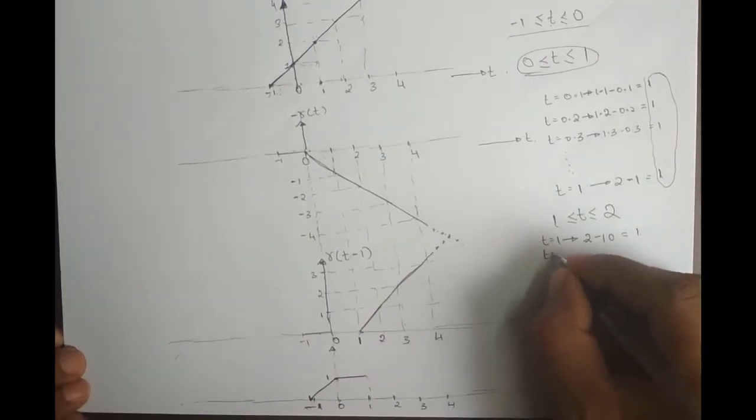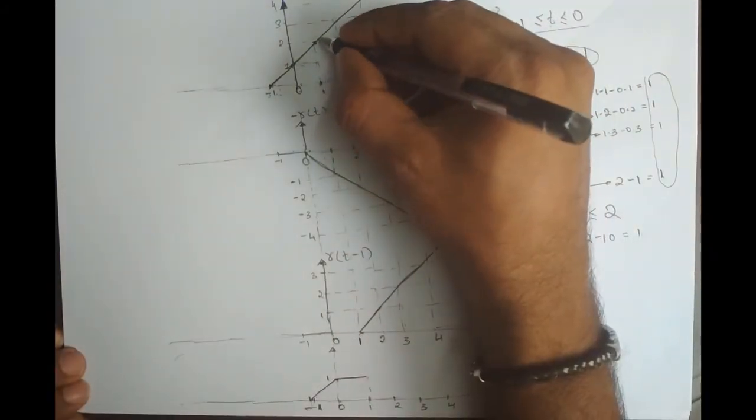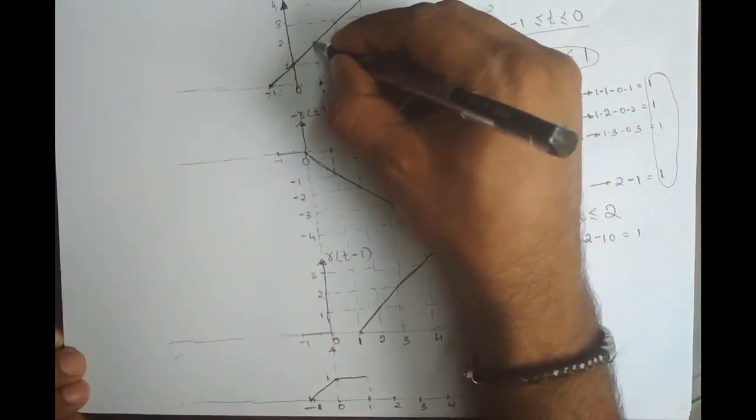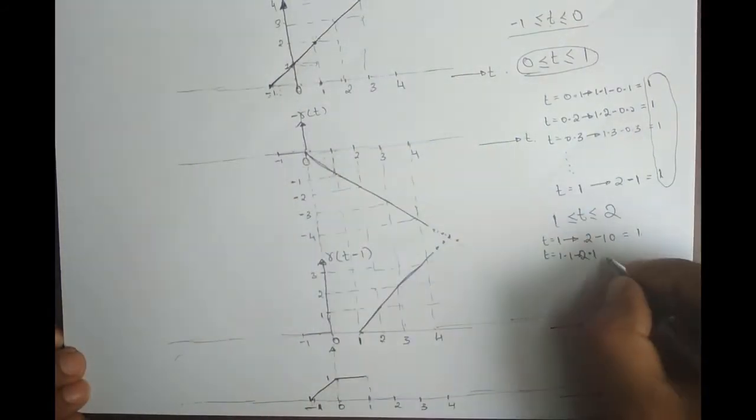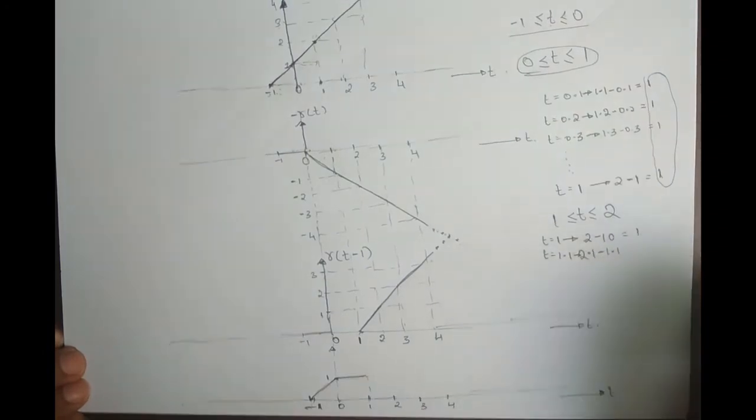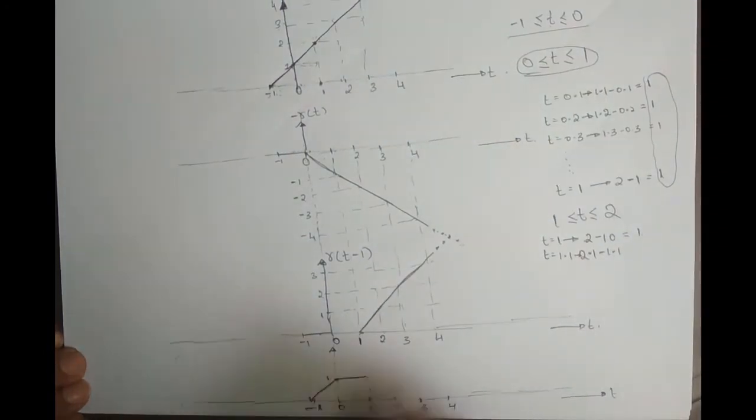Now at t is equal to 1.1, let us have a guess. The amplitude is 2.1, so we take it as 2.1. And for the second signal, it is minus 1.1.